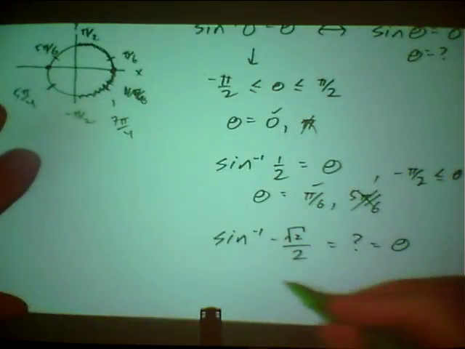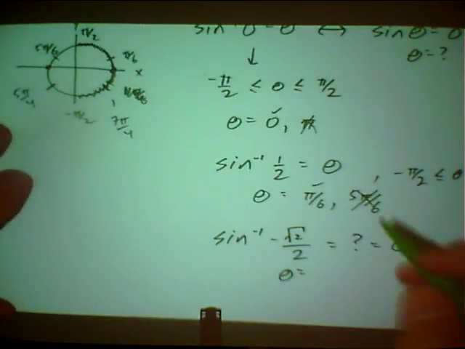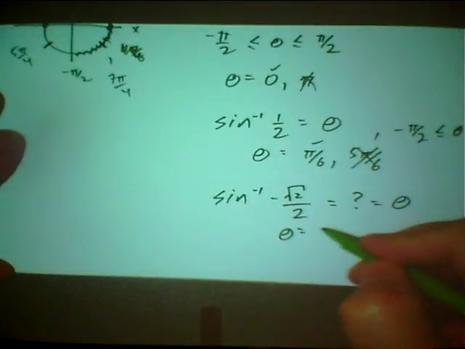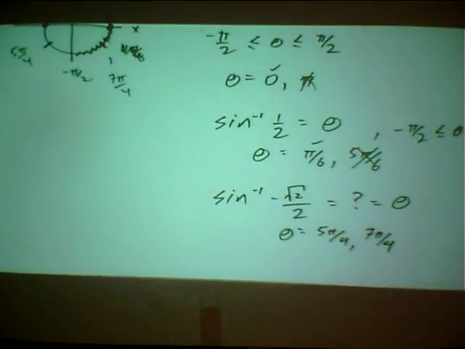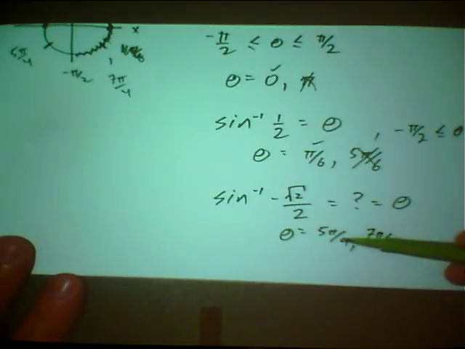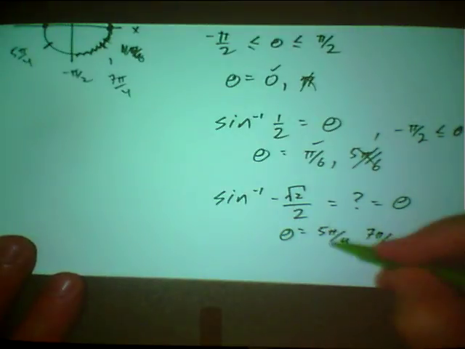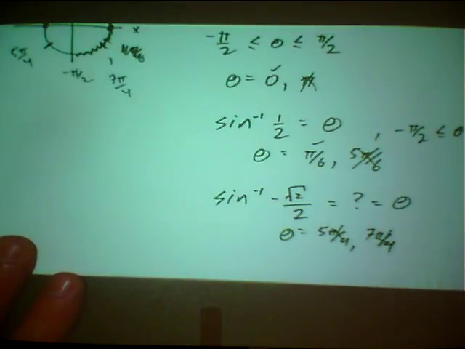So at first glance, when I'm thinking of my unit circle, I would think these might be the answers. But then once again, I check my allowed angles, and as it turns out, 5 pi over 4 is not allowed, it's not okay, and neither is 7 pi over 4.